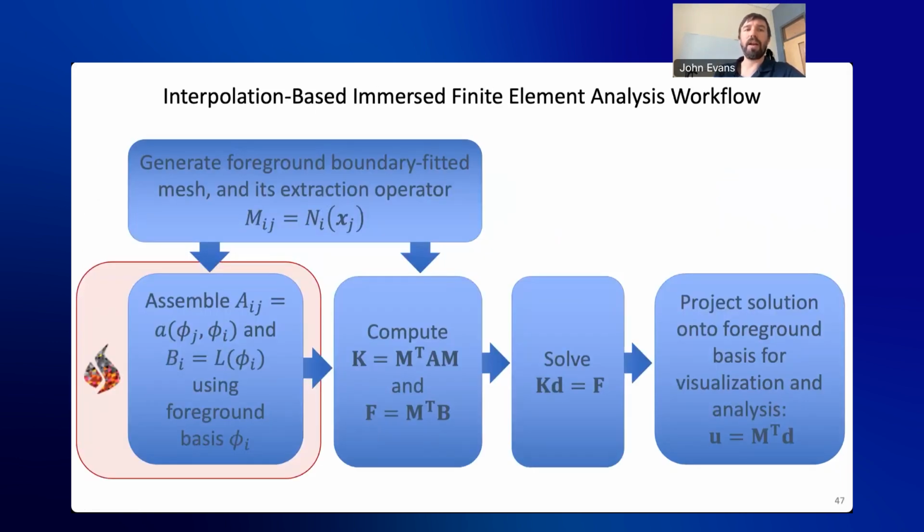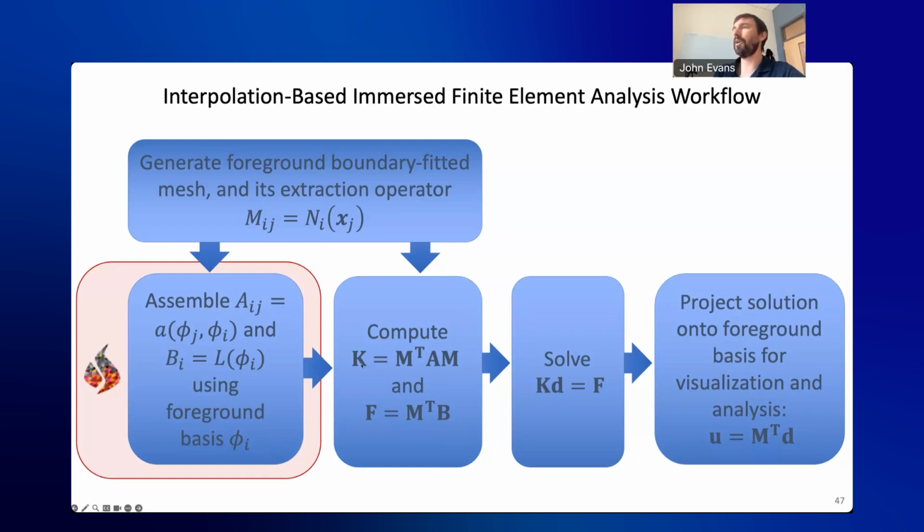And the way that interpolation-based immersed analysis works with FEniCS is we first generate a bounded, unfitted foreground mesh and extraction operator using our Xoom tools. And then we assemble A and B as described before using the foreground basis phi within FEniCS.